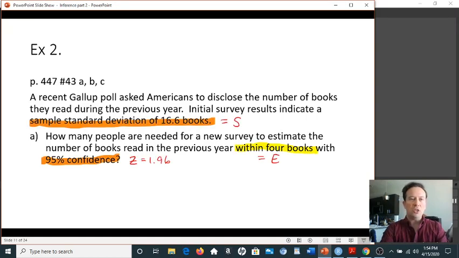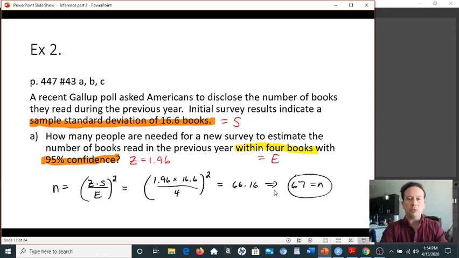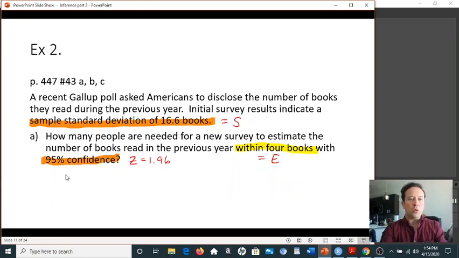And here it is. So first, the sample standard deviation there is S equals 16.6. For part A, within 4 books. So whenever you see that term within, that's always a cue word for margin of error. So the margin of error here is 4, okay? And the z-score just comes from the table that you already have.